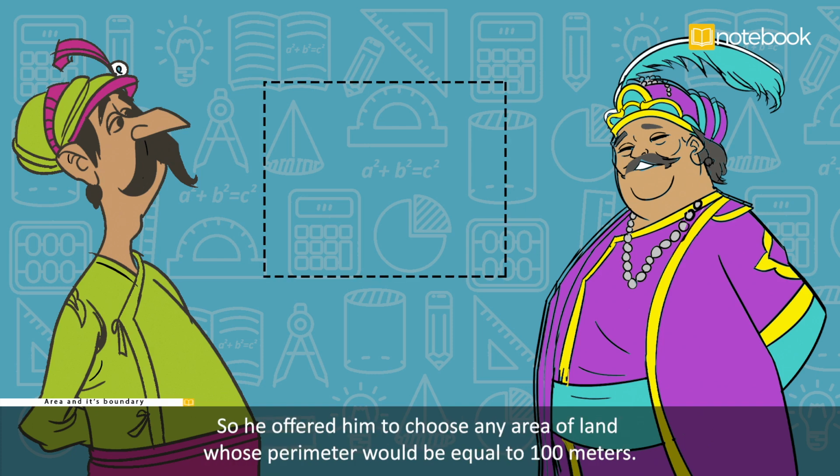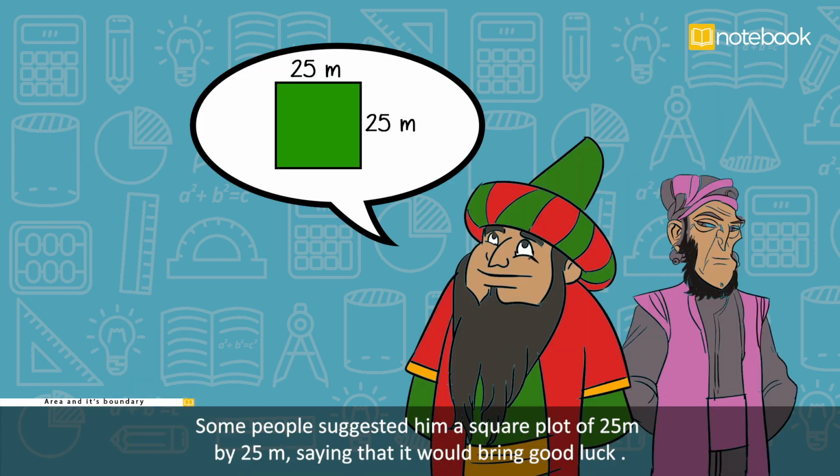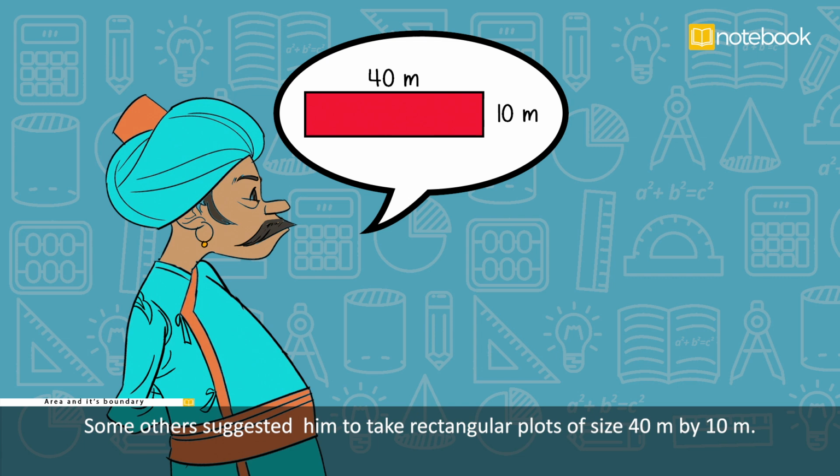So he offered him to choose any land whose perimeter would be equal to 100 meters. Some people suggested him a square plot of 25 meters by 25 meters, saying that it would bring good luck. Some others suggested him to take rectangular plots of size 40 meters by 10 meters.